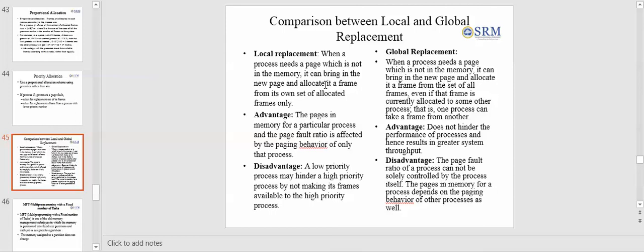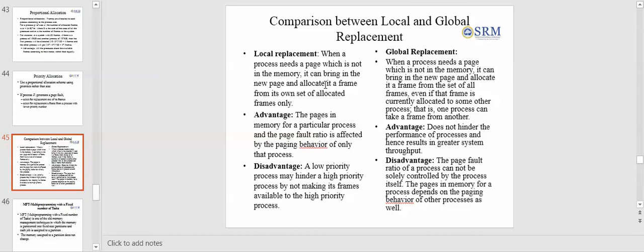I will have to bring in the pages within the allocated set of frames only. So this is local replacement. That means the 10 pages will be swapped in and swapped out based on what is allocated to your frames.